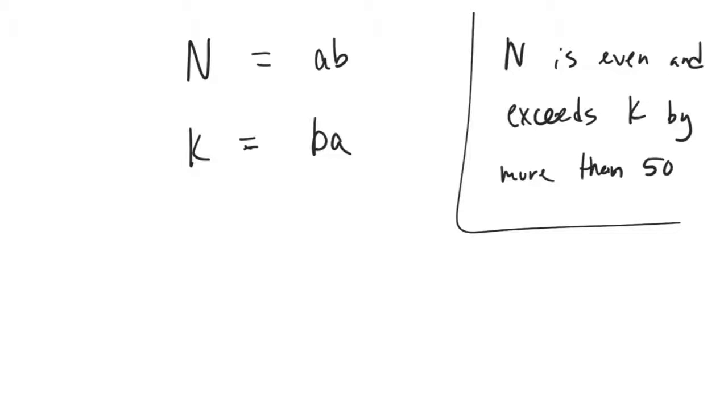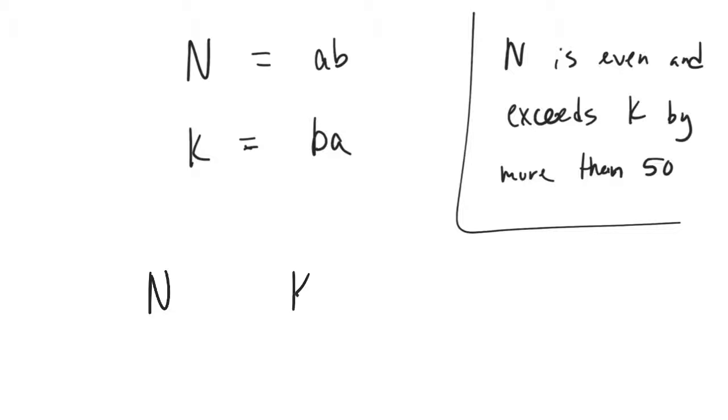Now, before you use a's and b's and all that other stuff, let's just think logically about what this means. If n exceeds k, it means k plus something is going to be n. Is everybody with me? If Jimmy's score on his test exceeded my score by 8 points, it means I take my score and add 8 points to get to Jimmy's score. So in this case, if n exceeds k, n is going to be bigger.